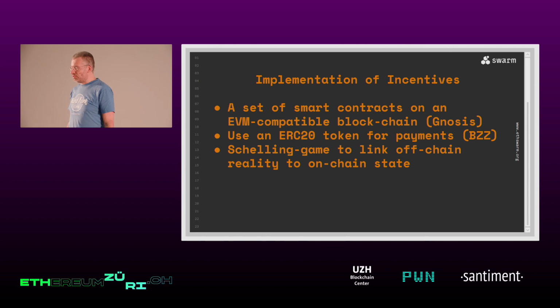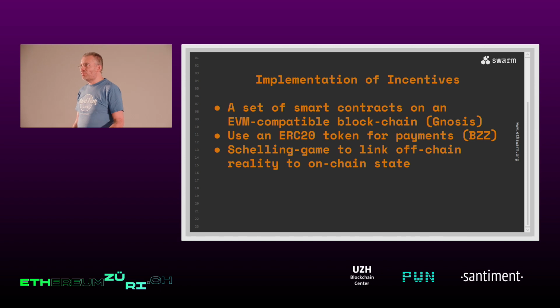And we're not married to Gnosis, so basically any layer 2 solution that fits the bill is a good candidate for running this incentive system. And we have an ERC20 token that is issued and redeemed on Ethereum mainnet. And we chose Gnosis because it has good ERC20 bridges that are sufficiently trustless and reliable.